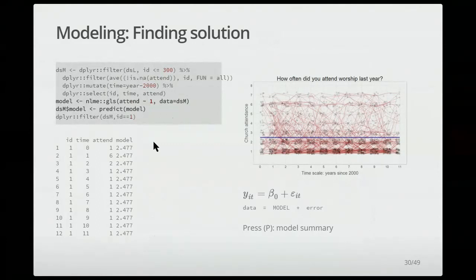In these two highlighted lines, we create a new object called model, and that object retains the results of the function GLS in the package NLME.